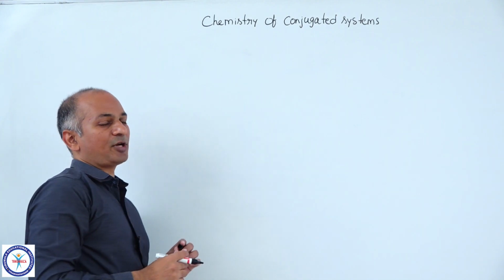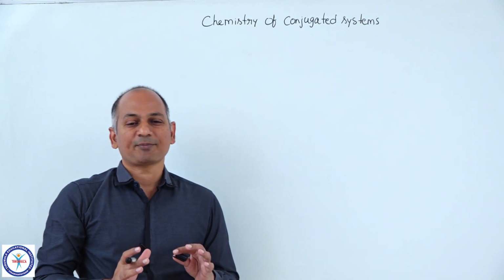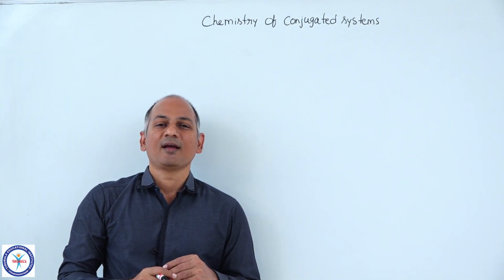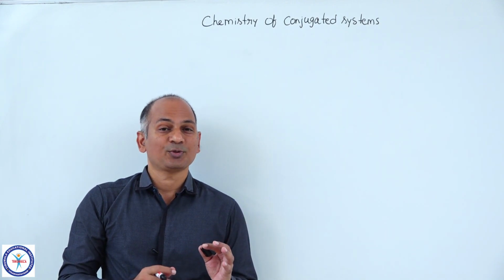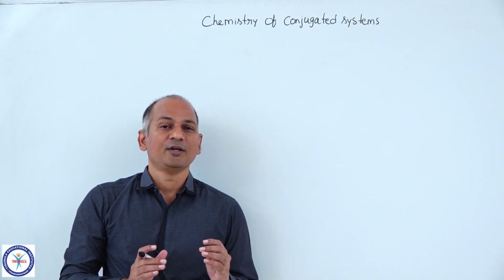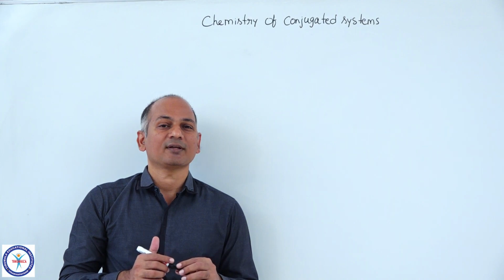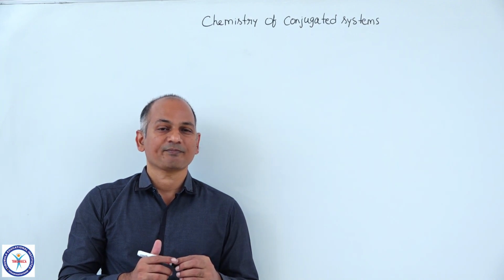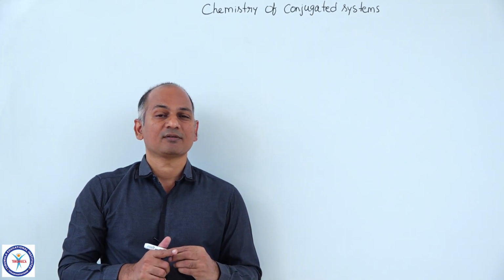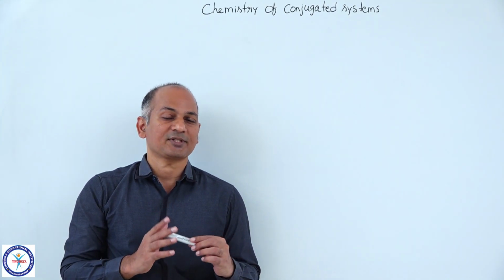In this, the subtopics are: the first subtopic is introduction, the second subtopic is electrophilic addition to the conjugated systems, the third one is nucleophilic addition to the conjugated systems, and the last one is nucleophilic substitution in conjugated systems.